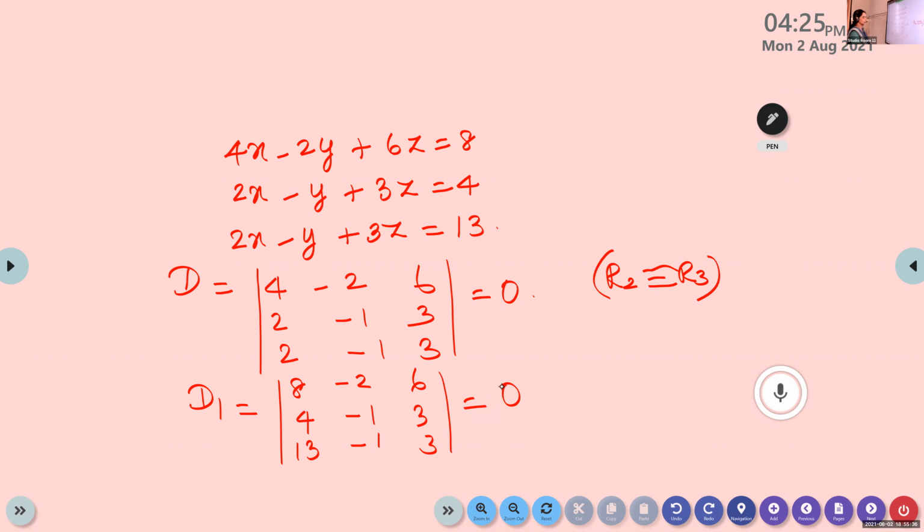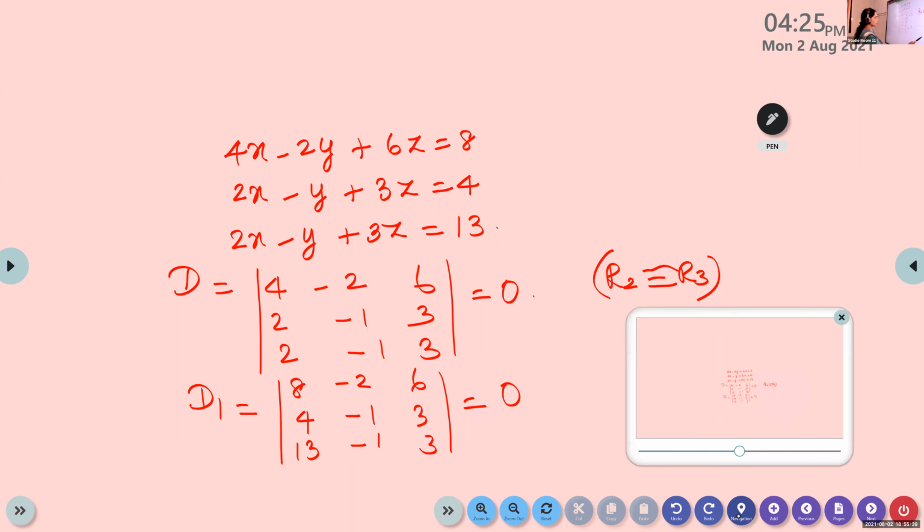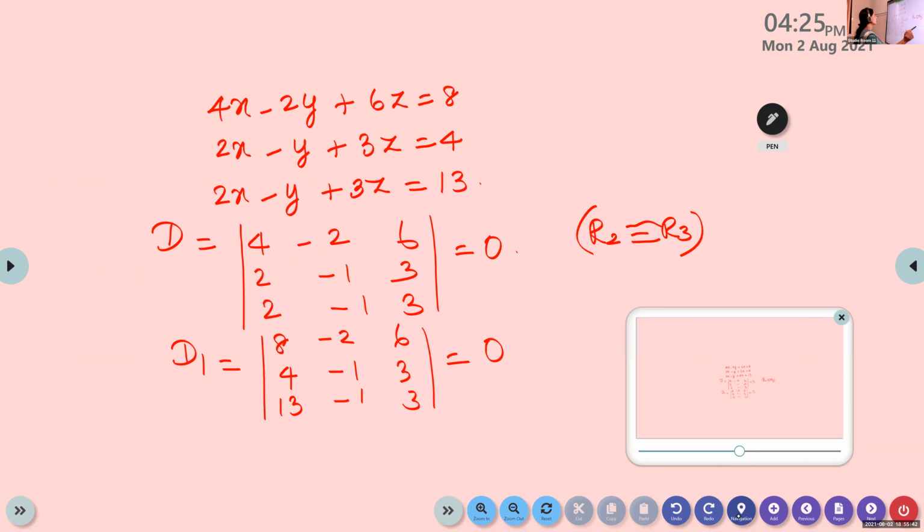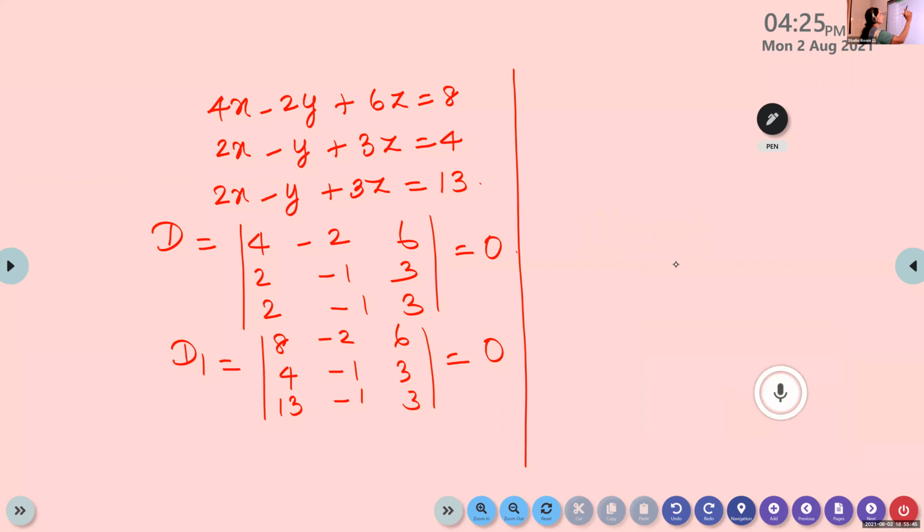Then find out what is D2. Two rows are identical means value will become 0. Now find out D2. What is D2? 4, 2, 2, 8, 4, 13, 6, 3, 3. Then find out D3.